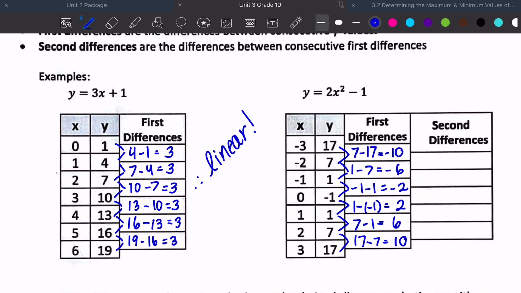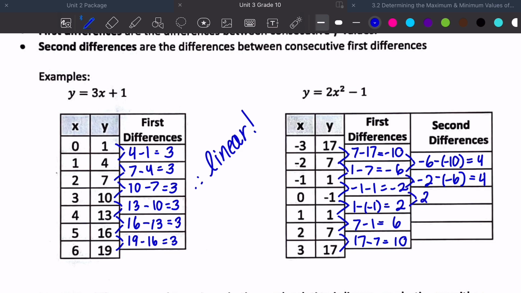When you do this same thing with second differences, you'll see negative 6 minus negative 10 is positive 4. And then same thing, negative 2 minus negative 6 is positive 4.